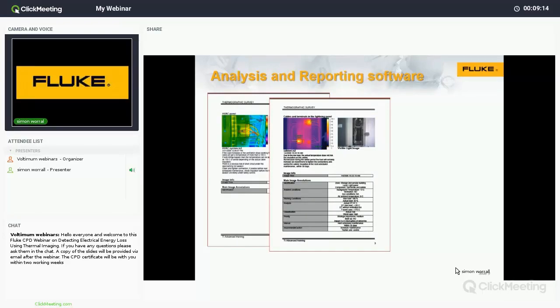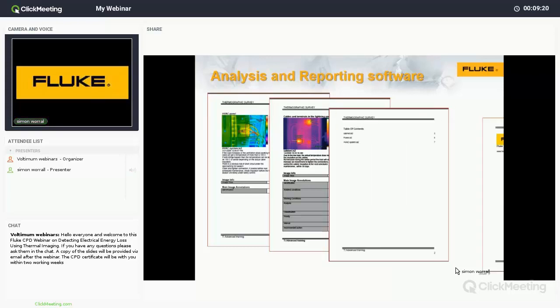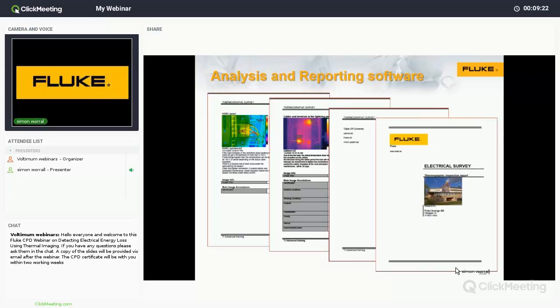When you show this report to your customer, that's what generates the money, not the actual time you've been going around surveying their plant. So you want good analysis software, so you can document reports, you can put cursors on, and then you can formalize it in a good looking report with your company logo on, etc. So that's what you need when you're looking for a thermal imager.